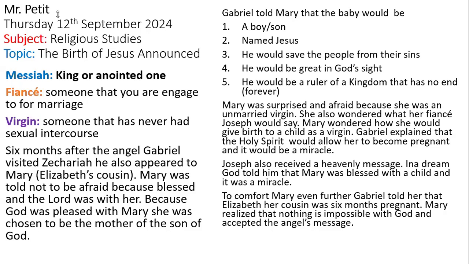May I go? Go ahead. I choose number 5 because someone asked earlier what it meant by the rule of a kingdom that has no end, forever. You know how we say the Our Father prayer? Jesus is already king in heaven, and we pray for his kingdom to come on earth. So this kingdom we're mentioning is God's kingdom, not man's kingdom.